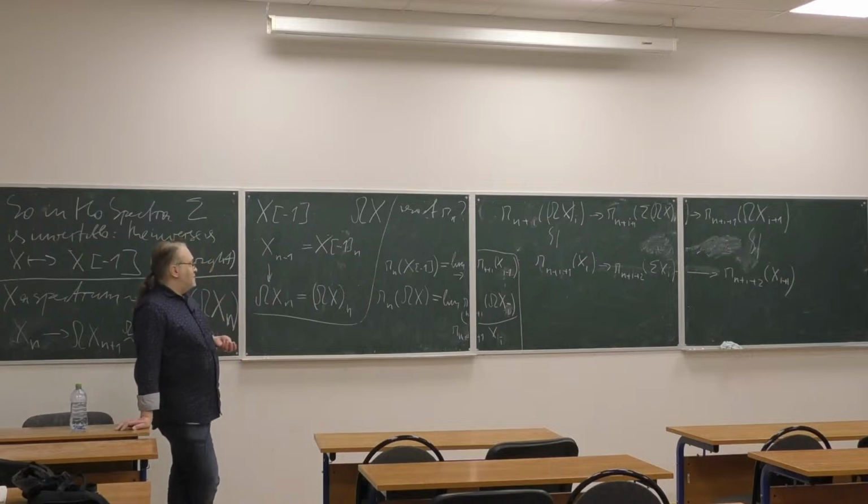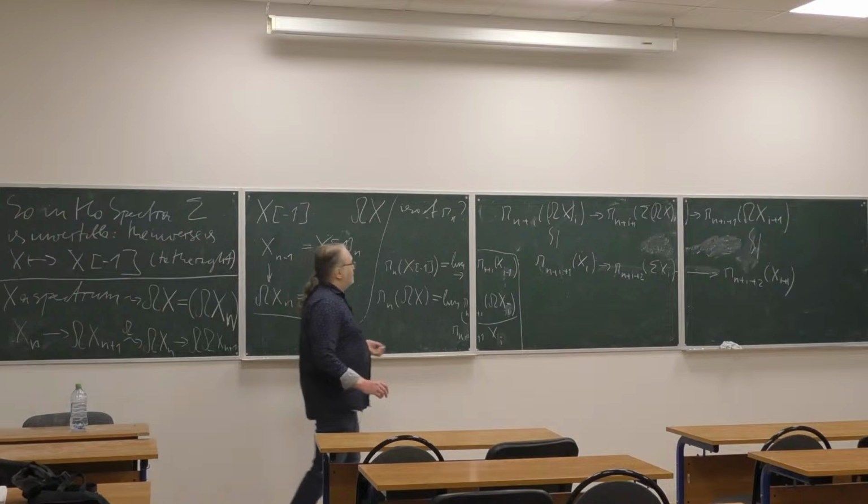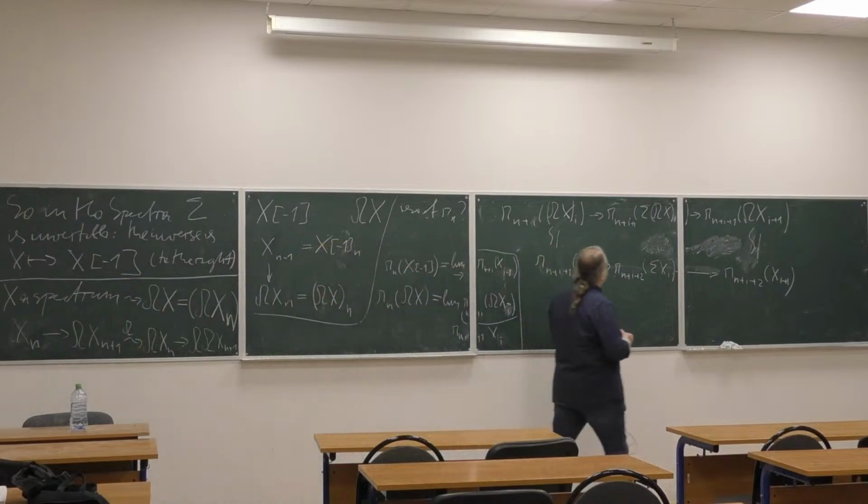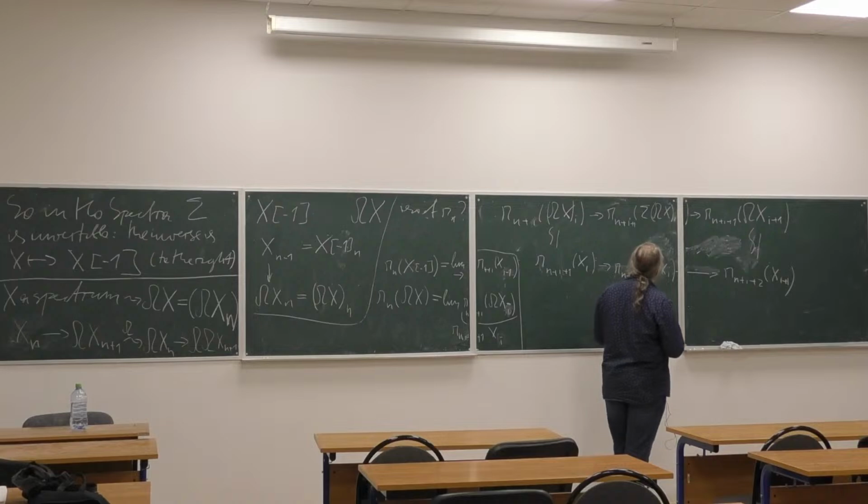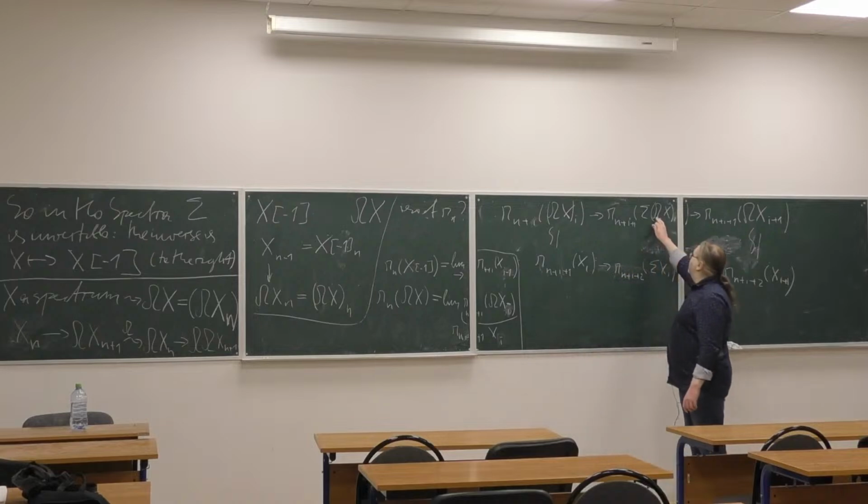But even for spaces, these functors are related, namely sigma is the left adjoint, and omega is the right adjoint. So what does this mean? This means, well, we have a map from omega sigma to the identity to sigma omega.